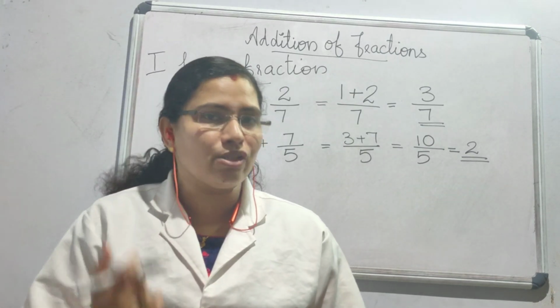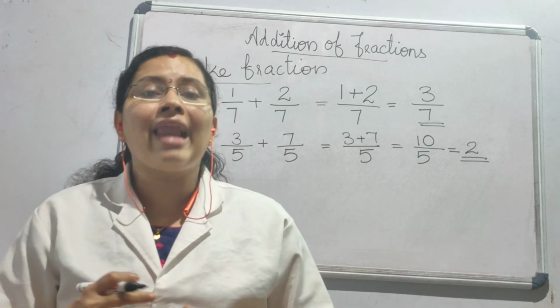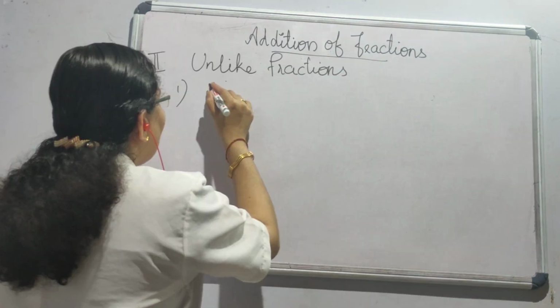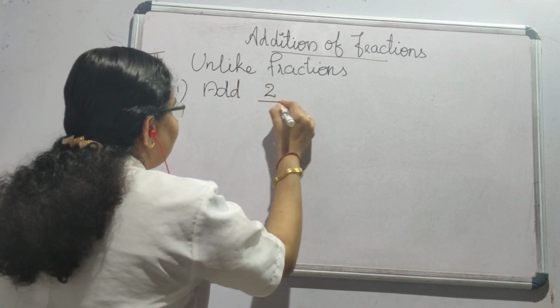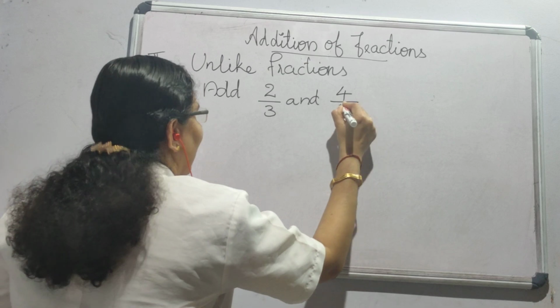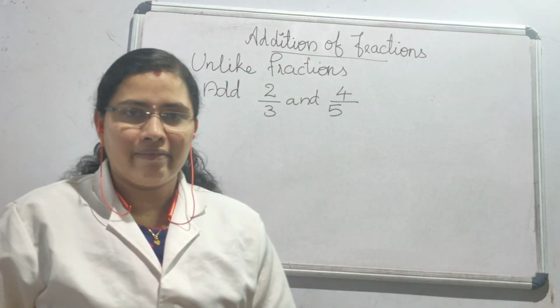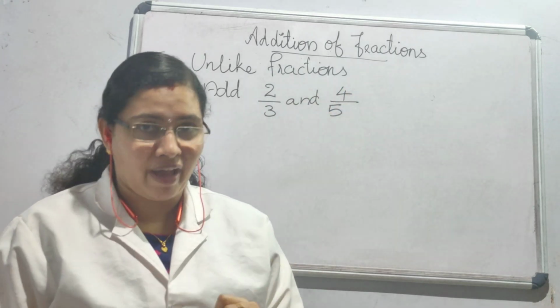Now let us see in the case of unlike fractions, how to add two unlike fractions. Add 2 by 3 and 4 by 5. Okay? We have taken two fractions, 2 by 3 and 4 by 5.